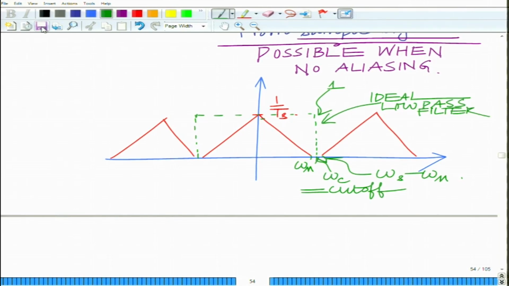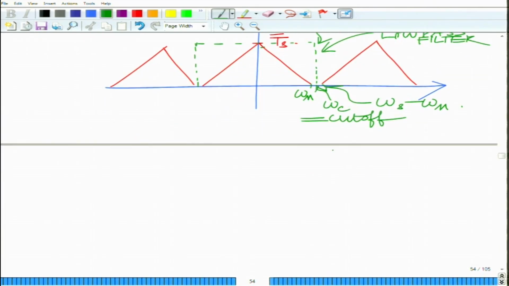I can choose the cutoff frequency of the ideal low pass filter such that omega m less than or equal to omega c less than or equal to omega s minus omega m, okay. Only possible when there is a guard band.